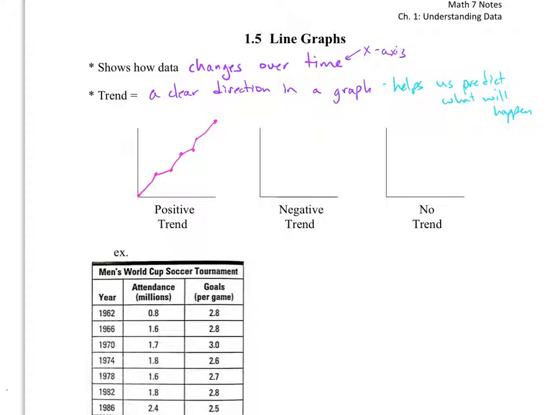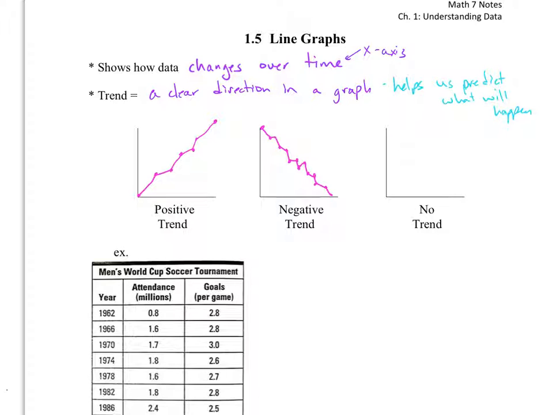Negative trend would be the opposite here. It doesn't mean that you won't have some things that go up a little bit in there. So if these were some of your data points, you can have some up, but it's mostly going down as it goes to the right.